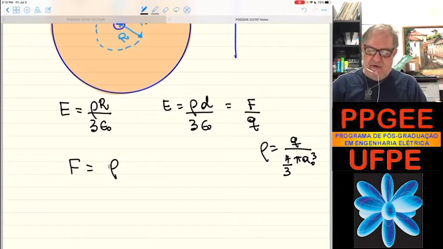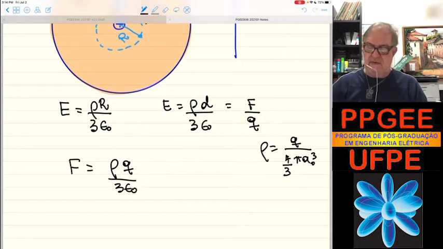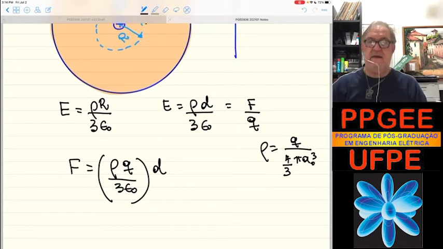So the force on the positive charge is going to be rho Q. Rho Q is this relation, so it's going to be Q squared and a radius, etc., right? Divided by 3 epsilon 0 times D. Okay?